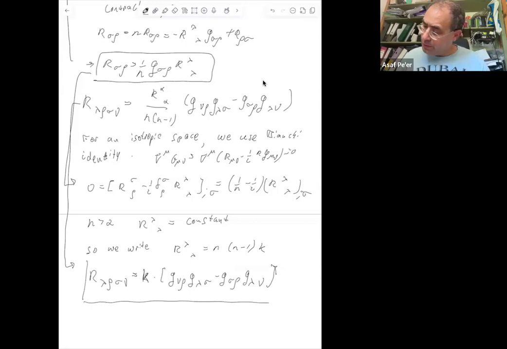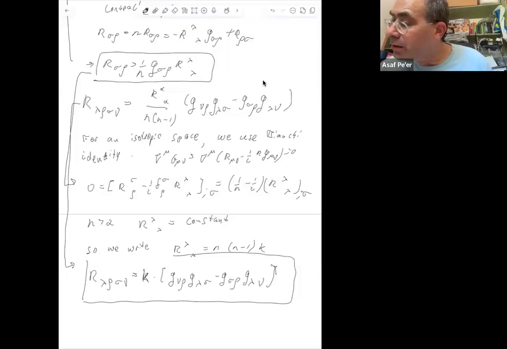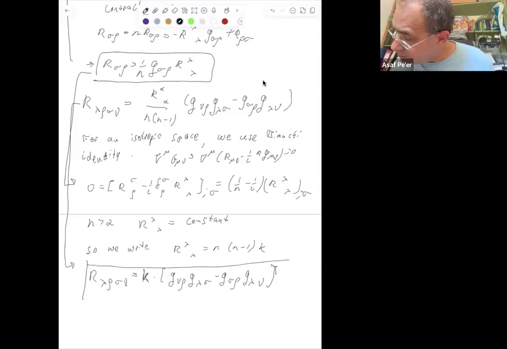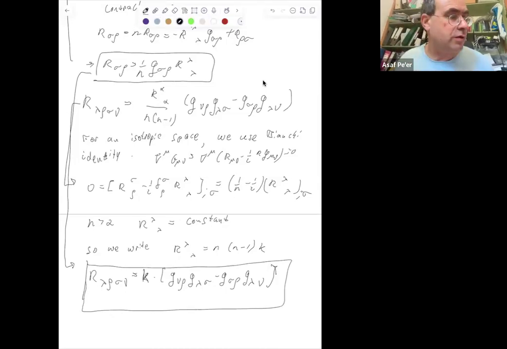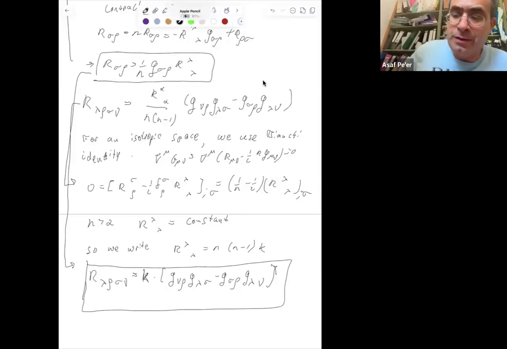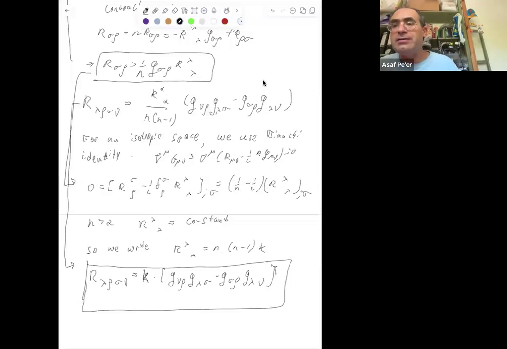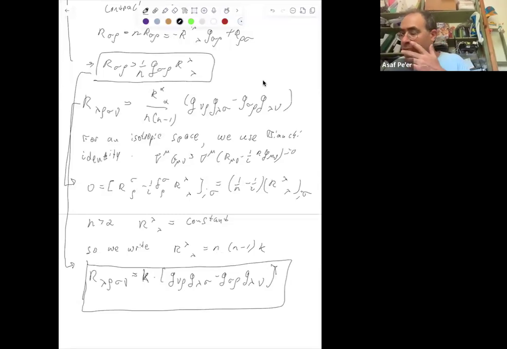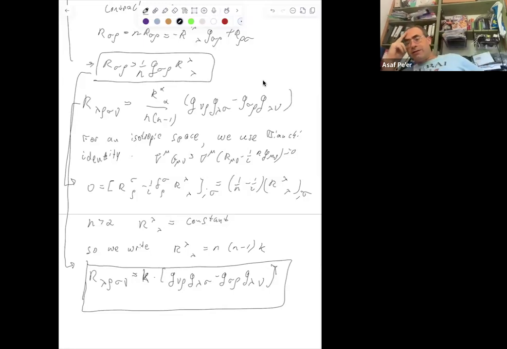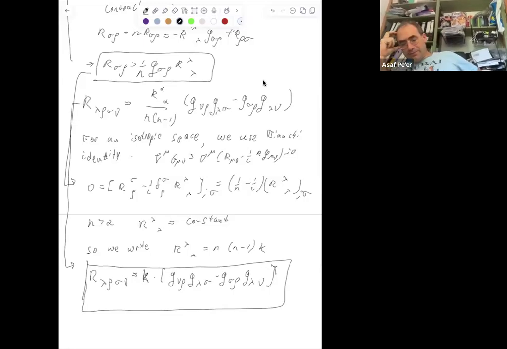Okay. And that is the equation that I wanted. So working very, very hard, you don't see it right away. I mean, we spent the last, I don't know, 1 hour playing with properties of Killing vectors and symmetric spaces in the Riemann tensor.